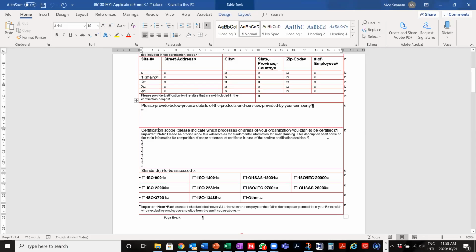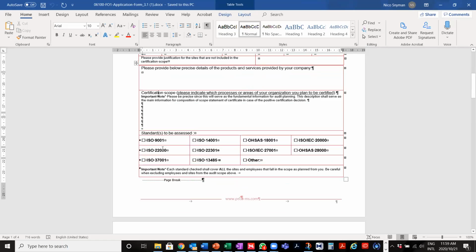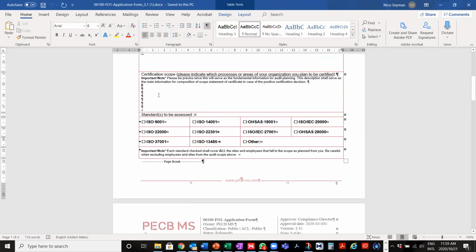This description shall serve as the main information for the composition of the scope statement of the certificate in case of the positive certification decision. So you need to be stating here what is within the scope and what is outside of the scope. And everything that is outside of the scope, you need to justify.